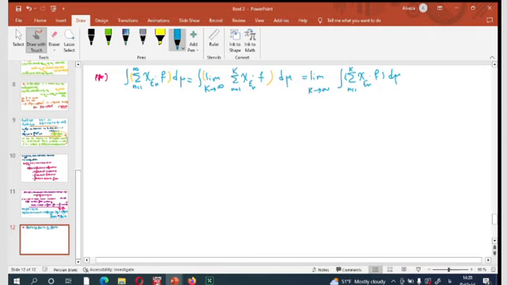And this is equal to the limit of this summation, n from 1 to k, k tends to infinity, and we know that this is equal to this summation, n from 1 up to infinity.